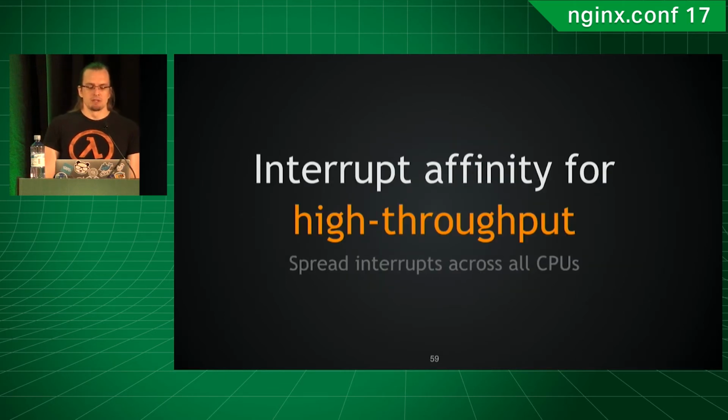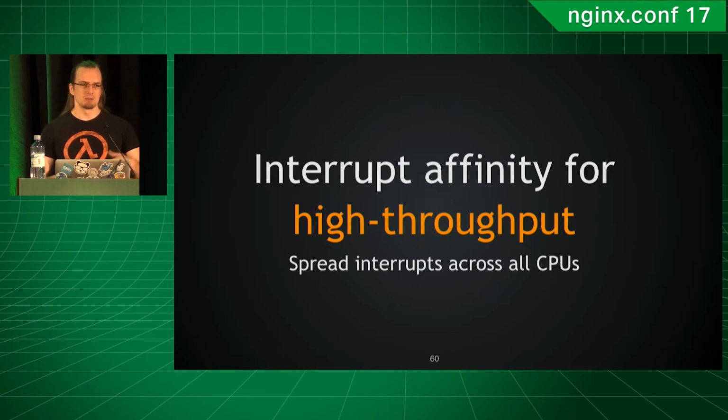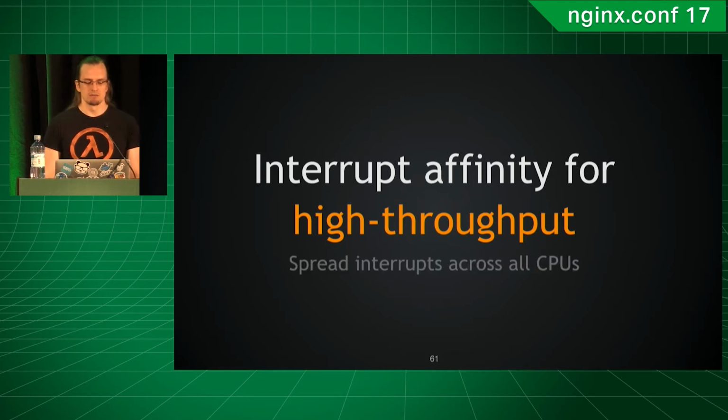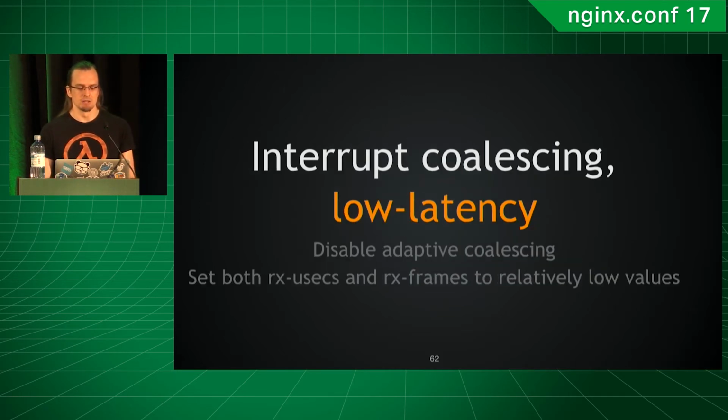For high throughput, generally it's okay to just spread interrupts across all your CPUs. There are, again, some caveats around that. You may need to tune stuff a bit, like bring up interrupt processing on one NUMA node and your application on other NUMA nodes, but just verify it by yourself. You have that flexibility.